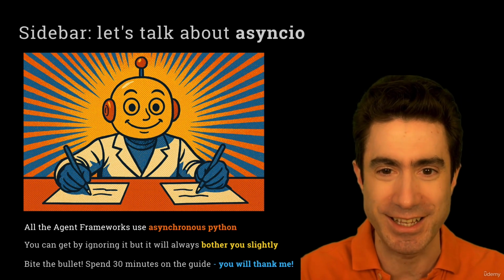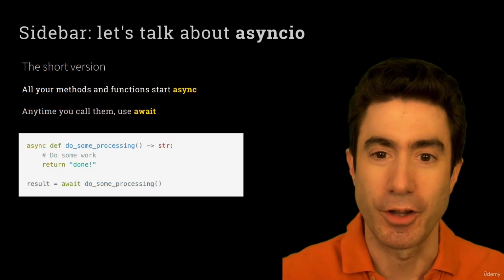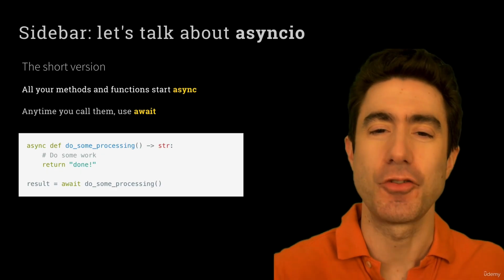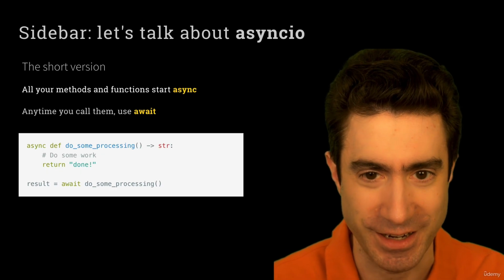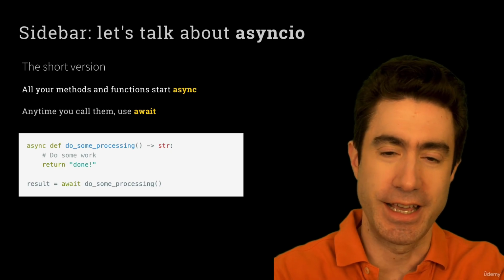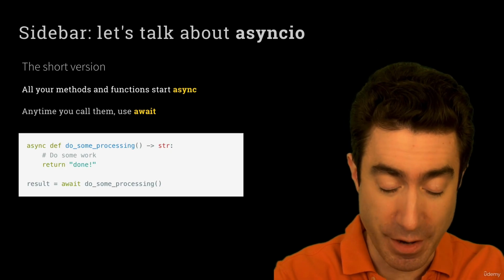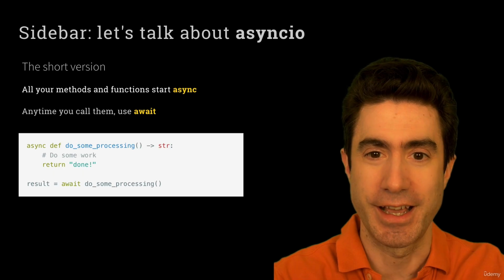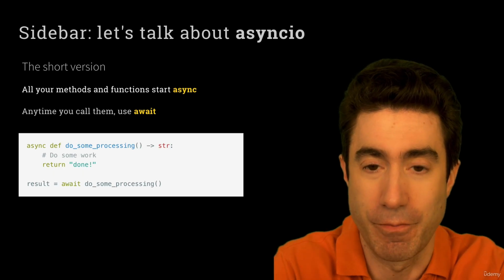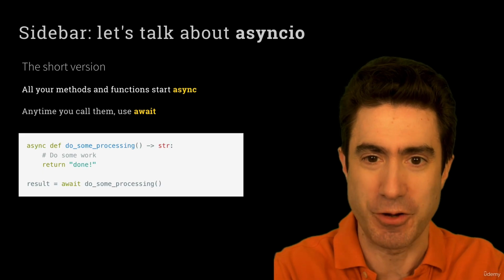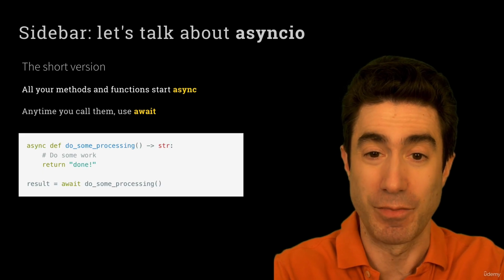Let's talk Async IO. Well, look. First of all, there is a short version, a simple version. This is what I mean when I say you can get by without really understanding it. So Async IO is a way of writing Python code, which is a kind of lightweight version of multi-threading. Many people from a software engineering background will be familiar with the idea of multi-threading.